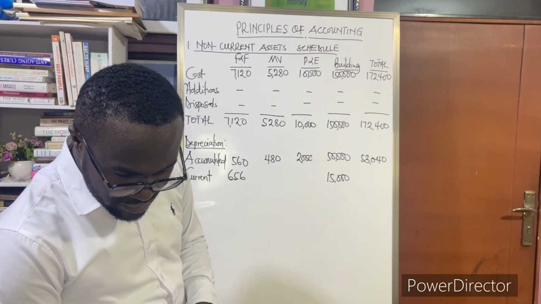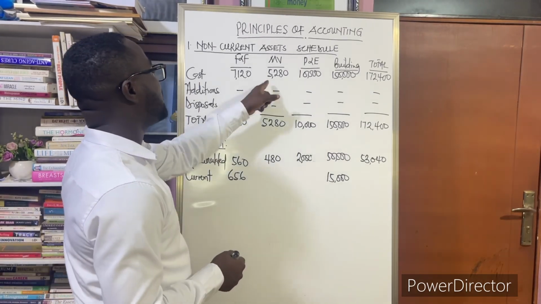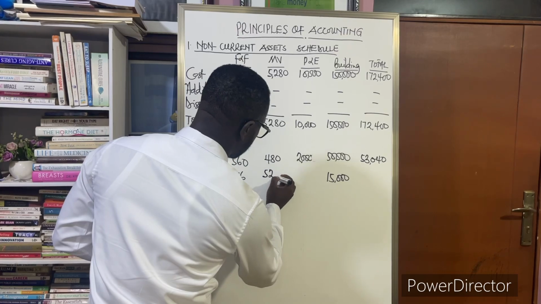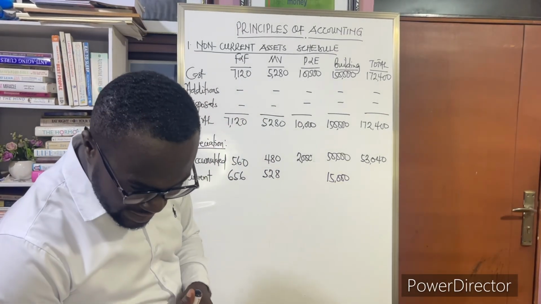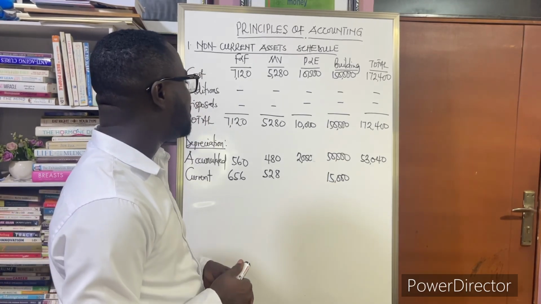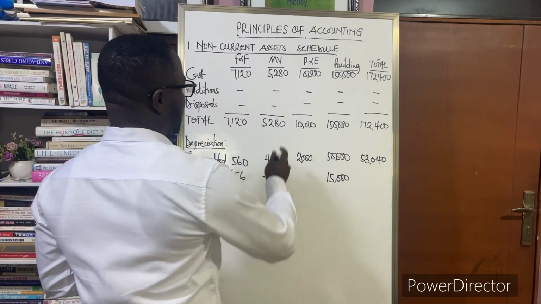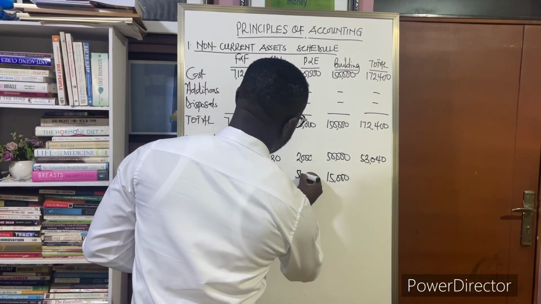Motor vehicle is 10%. So 10% on this cost will give us 528. Then plant and equipment, they are saying is 5% straight line. So 5% on the cost will be what? 5% on 10,000 will be 500.